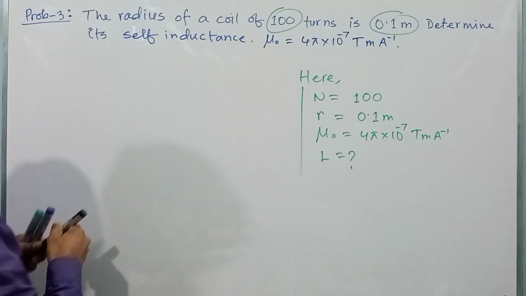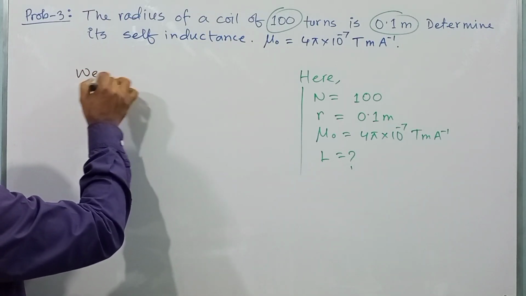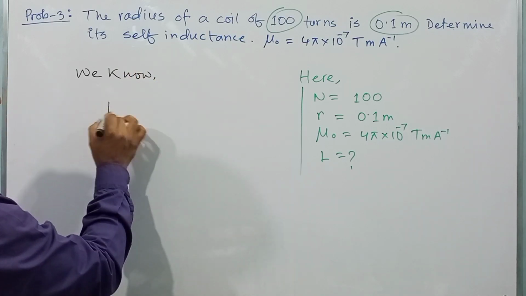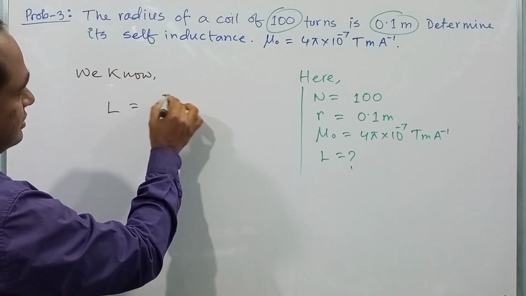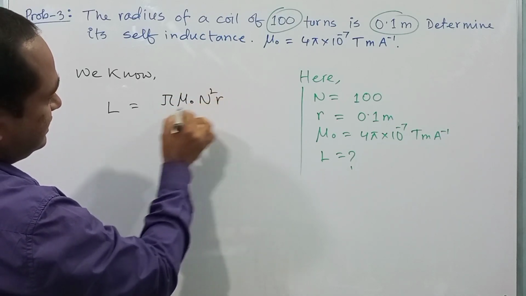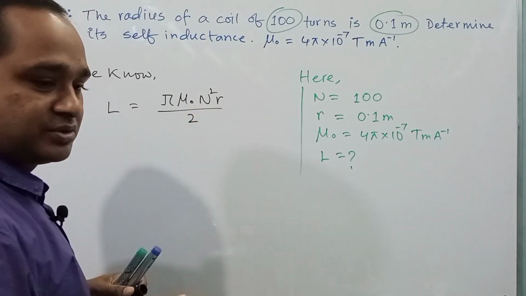We know L is equal to pi mu naught n square R divided by 2.